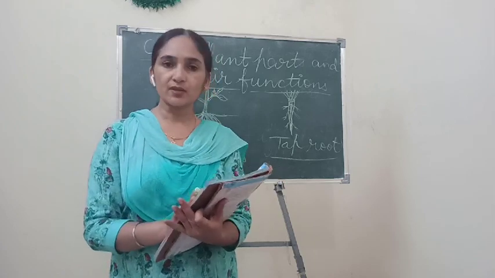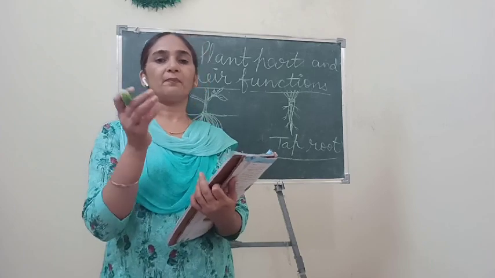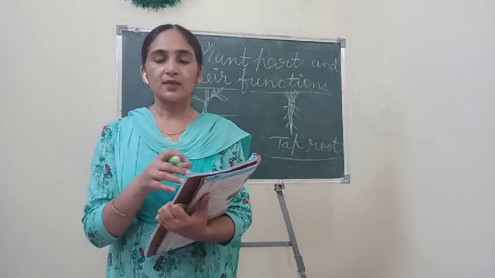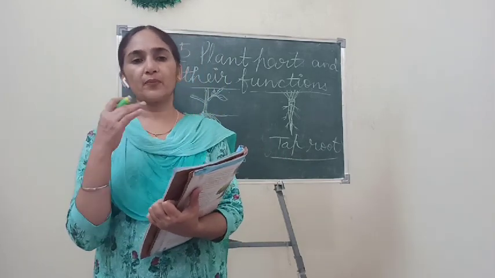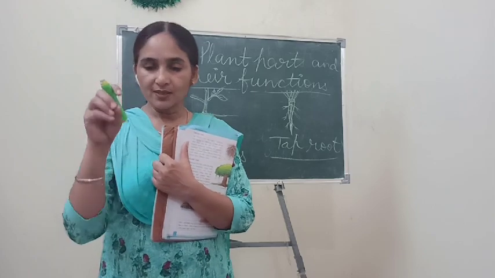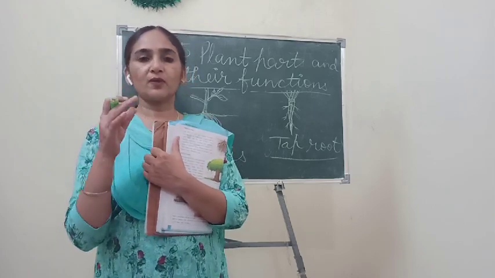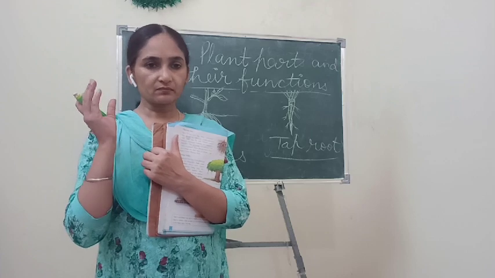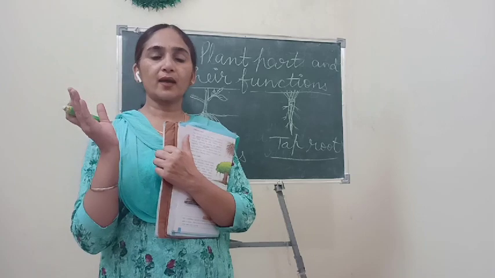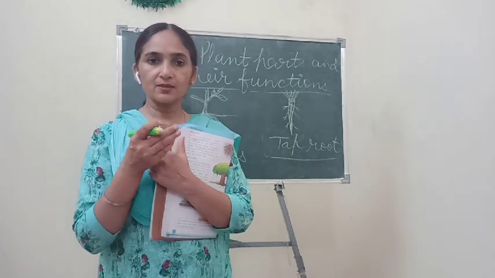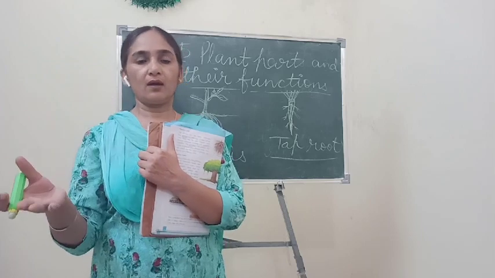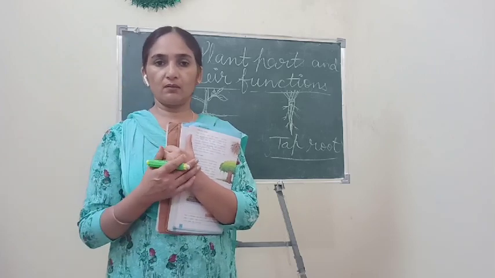And reproduction: you know that some plants can reproduce through seeds, means we can grow a new plant by putting seeds in the soil, or some plants we can grow by cutting their stems. Okay, just like a rose plant, by cutting the stem part we can grow a new rose plant.